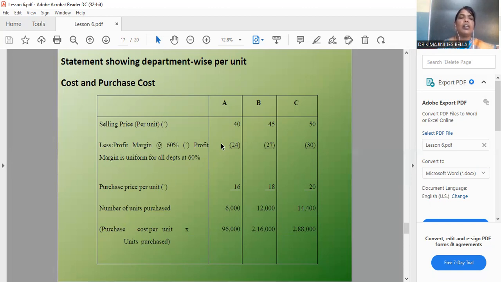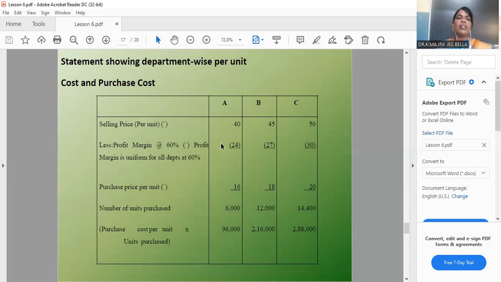Then already they have given the number of units purchased, right? For department A, 6,000, department B, 12,000, then department C, 14,400.